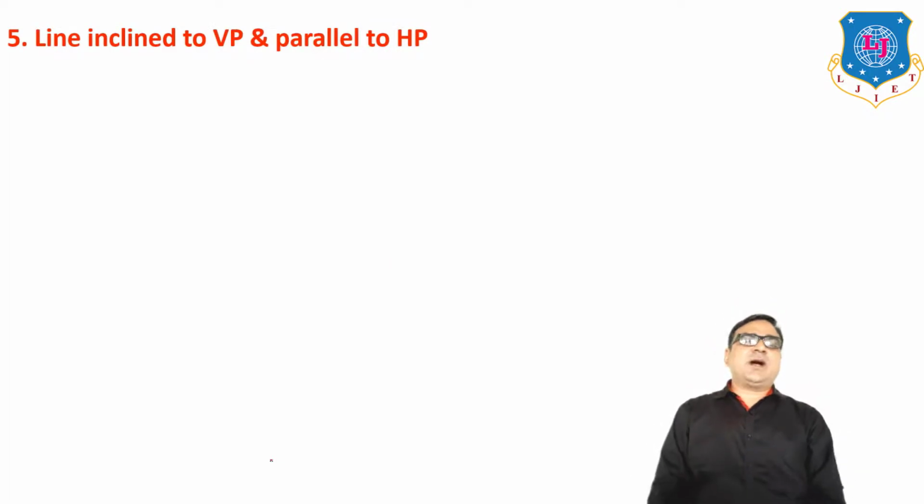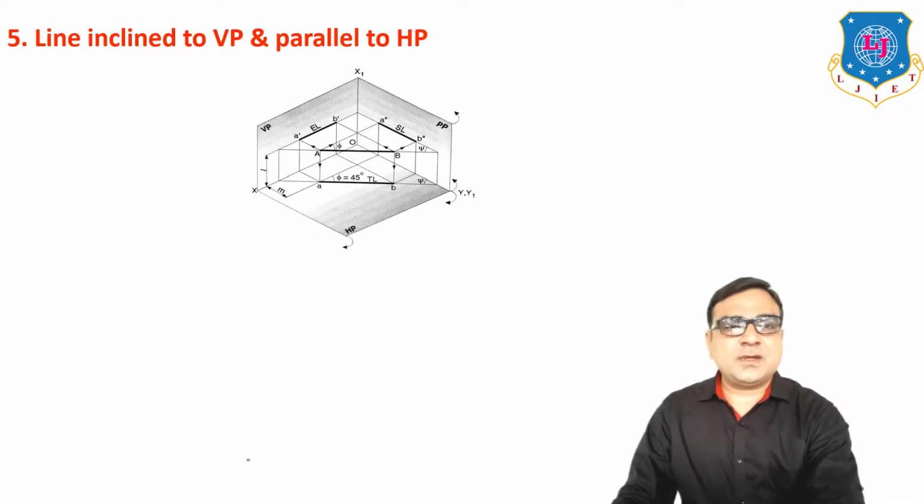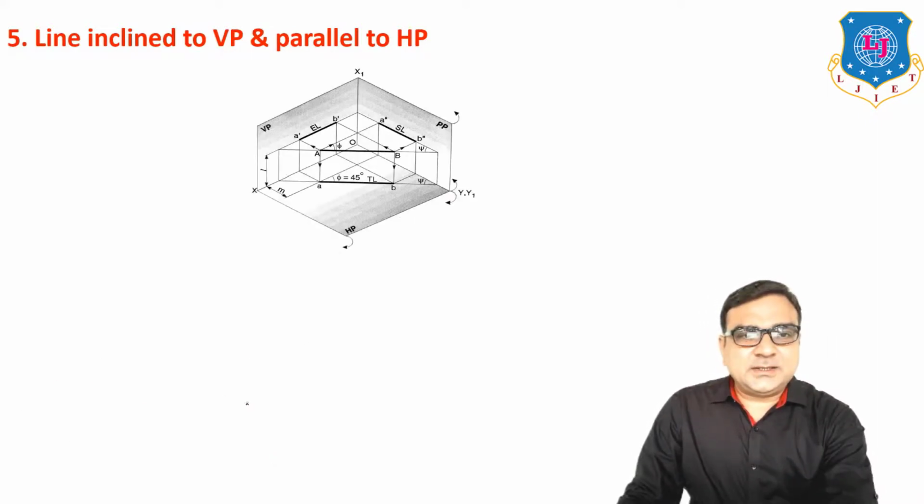Now case number 5, when the line is inclined to VP and parallel to HP. Here our line is inclined at phi angle with the vertical plane and parallel to HP.